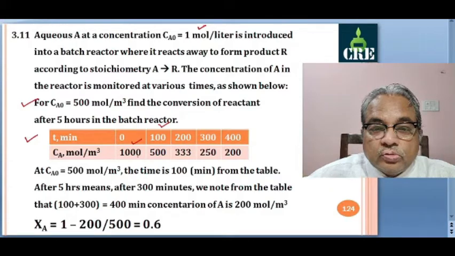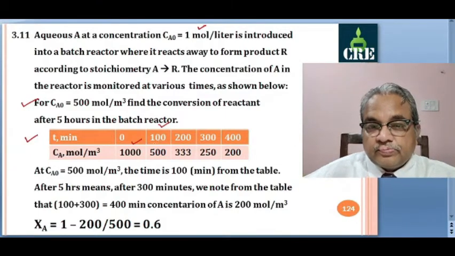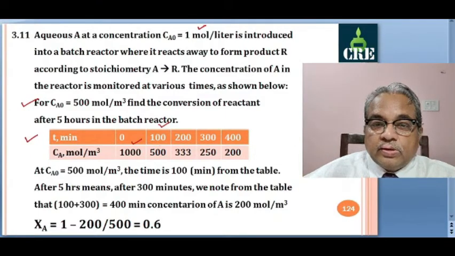So you start here, plus 5 hours means 300. Okay, that means here if you start this as point t is equal to 0, this is equal to 500. So here 100, 200, 300, like that.